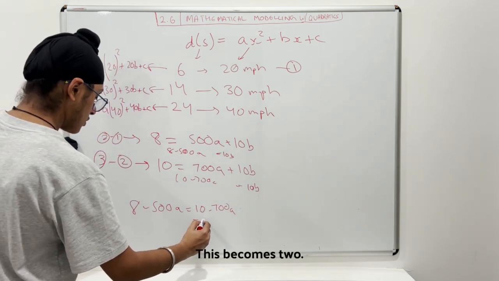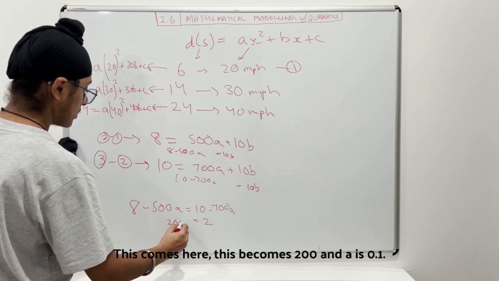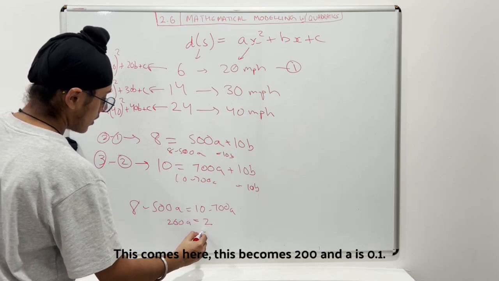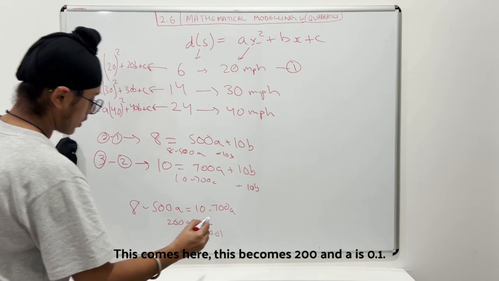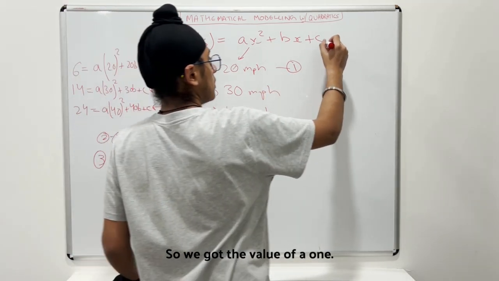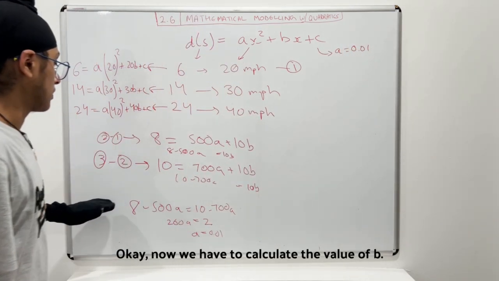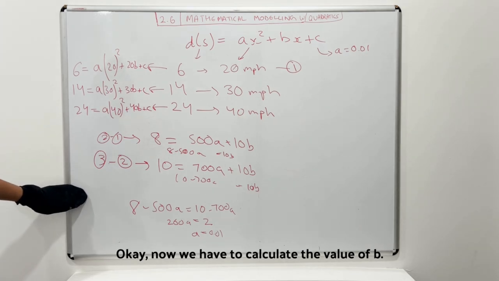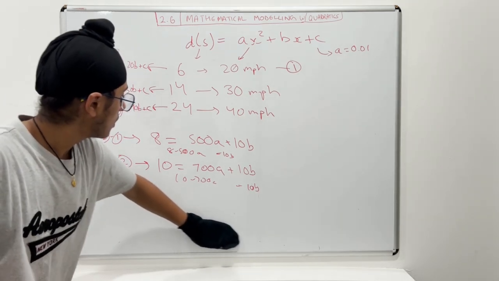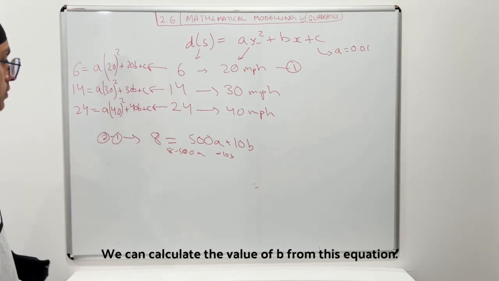This becomes 2, this comes here, this becomes 200, and a is 0.01. So we got the value of a. I'm going to write that here. Now we have to calculate the value of b. We can calculate the value of b from this equation.